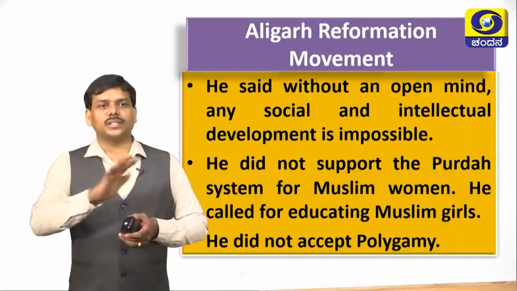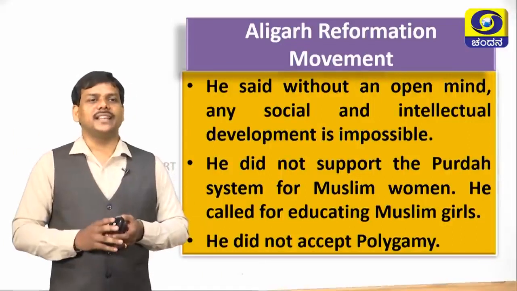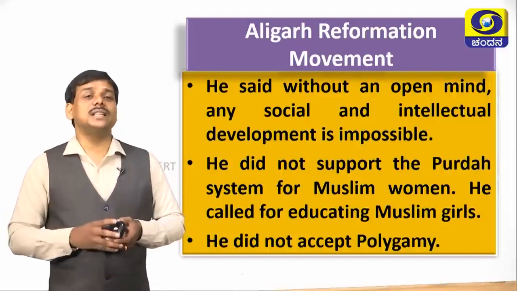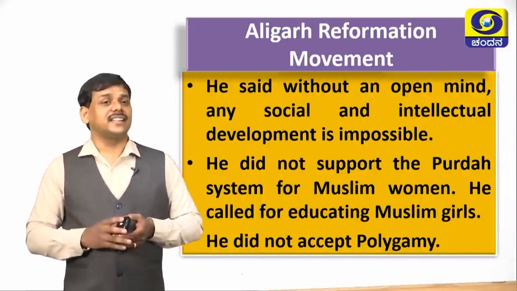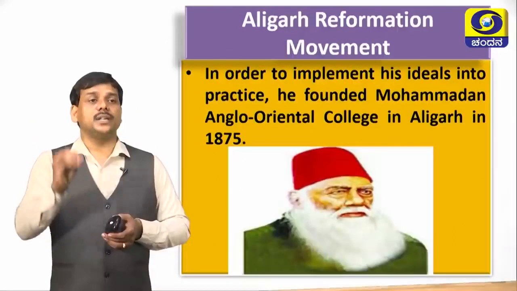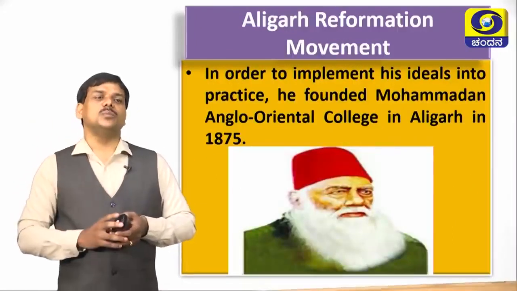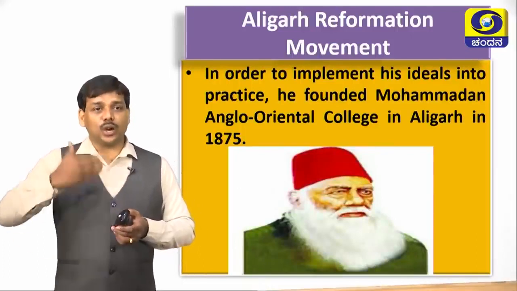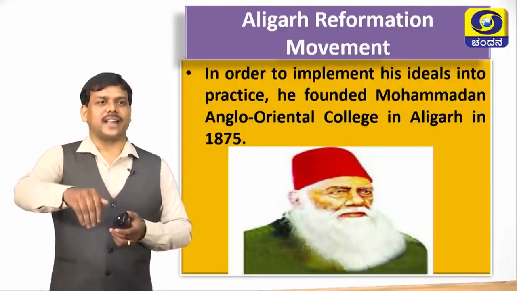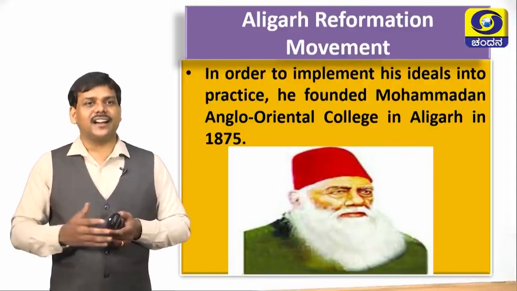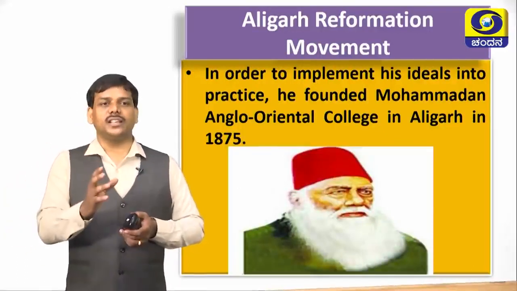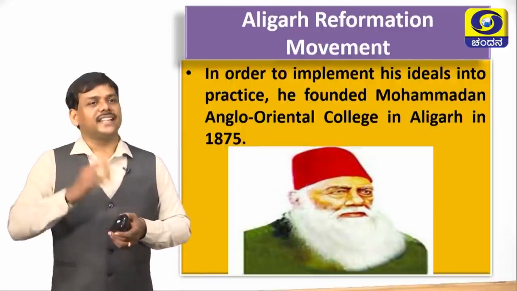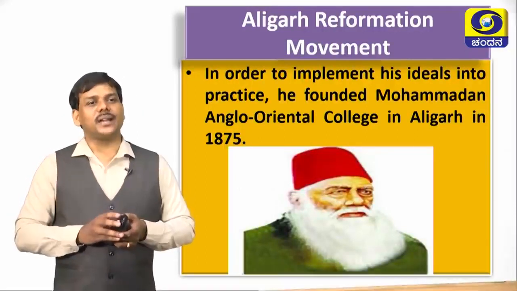He did not support the Parda system for Muslim women. He called for educating Muslim girls and gave importance to their education. He did not accept polygamy, which prevailed in the Muslim society. In order to put his ideals into practice, Sir Syed Ahmad Khan founded the Mohammedan Anglo-Oriental College at a place called Aligarh in the year 1875.